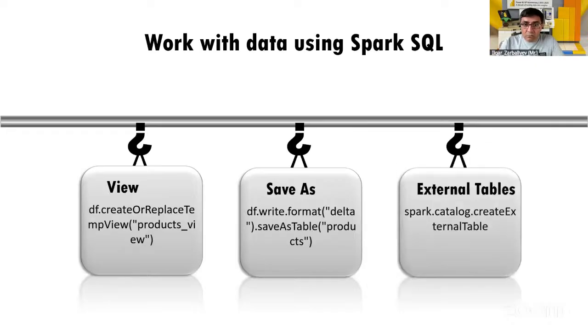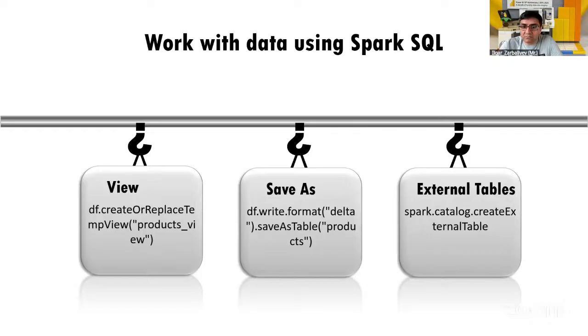So you can create an empty table by using the Spark catalog create table method, or you can save a data frame as a table by using its saveAsTable method. Deleting a managed table also deletes its underlying data.